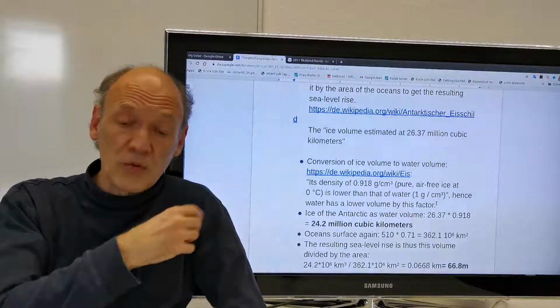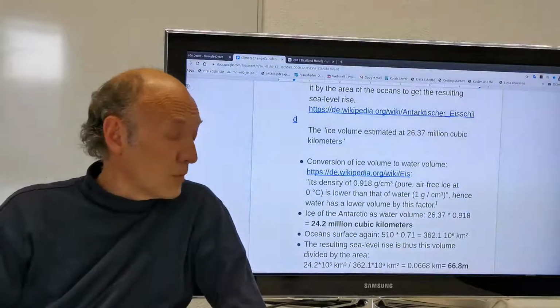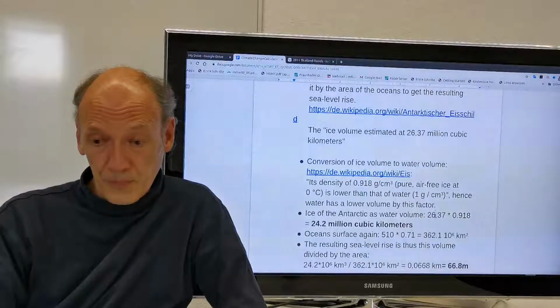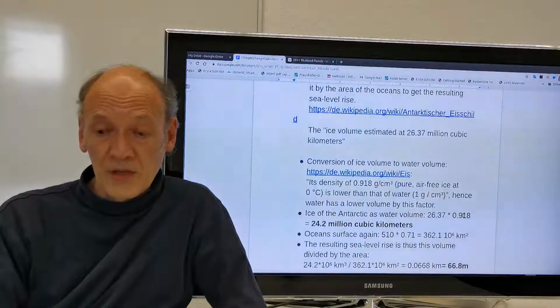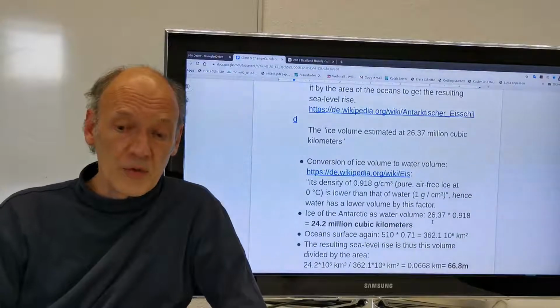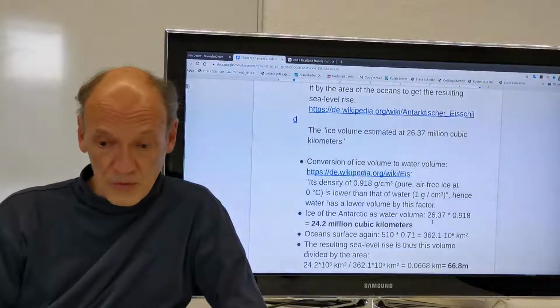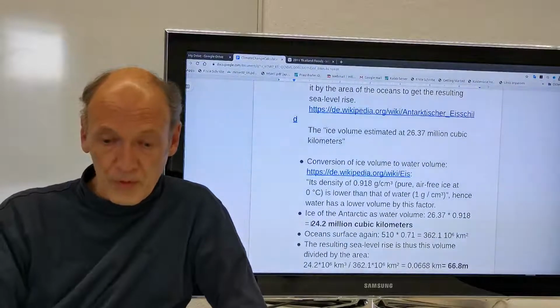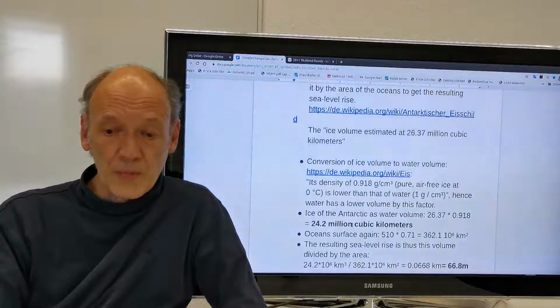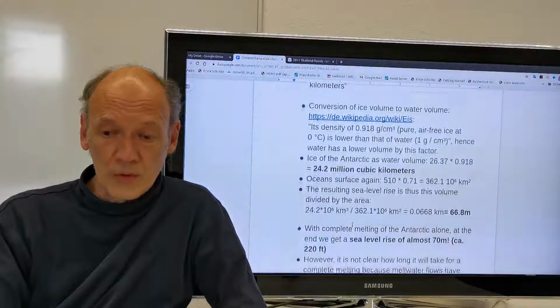So we have this factor of 0.91 between ice and water. We can now just take this factor and multiply it with our 26 million cubic kilometers to get the cubic kilometers of water. And then we get 24 million cubic kilometers of water.